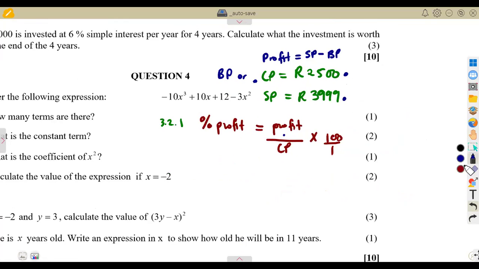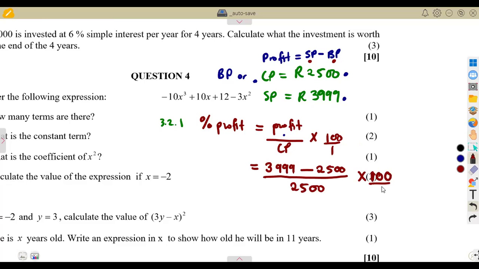Or you can put it this way in your formula, because you know that profit is selling price minus buying price. We have our selling price, 3,999, minus the buying price, which is our cost price, 2,500, everything over the cost price, 2,500, times 100%.